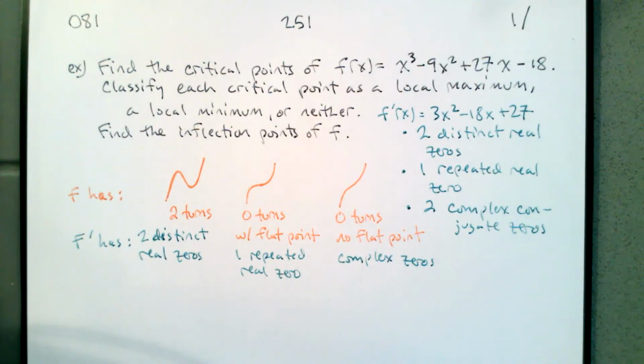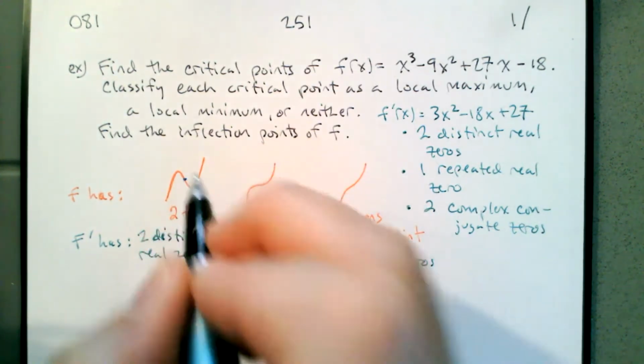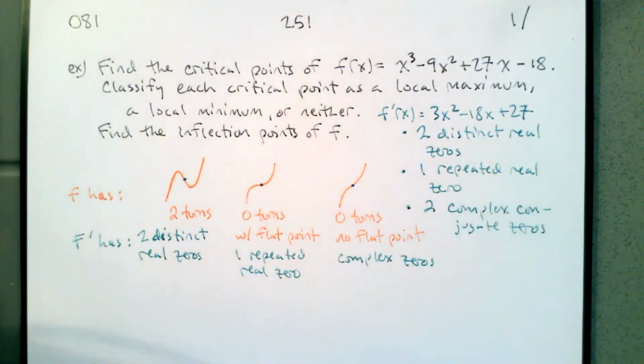As far as inflection points go, based on what the graph needs to look like, notice that in each case, we always have an inflection point.